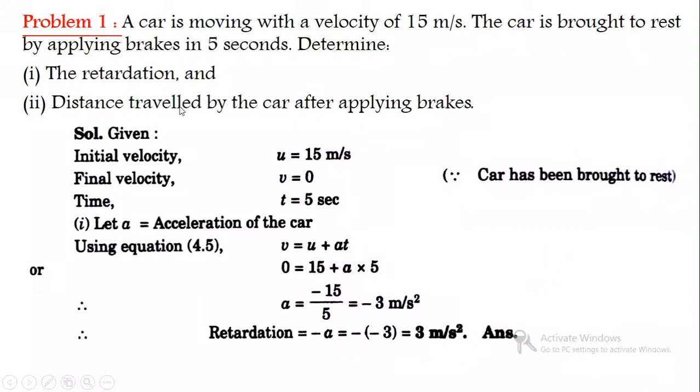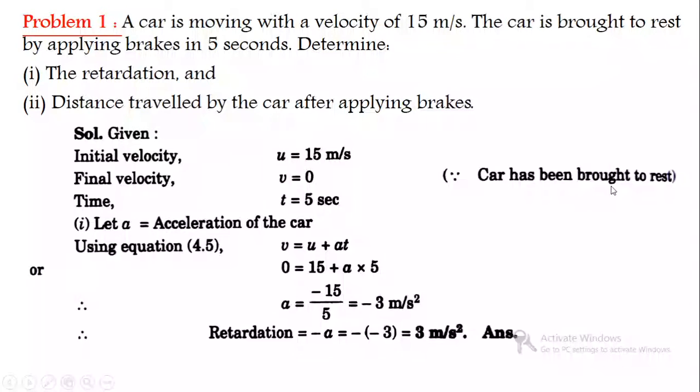Okay, first, what data are given in this problem? First, the initial velocity. The car is moving with a velocity, which is taken as the initial velocity u equal to 15 meters per second. The final velocity is v, because after applying the brake, the car comes to rest. So there is no velocity.